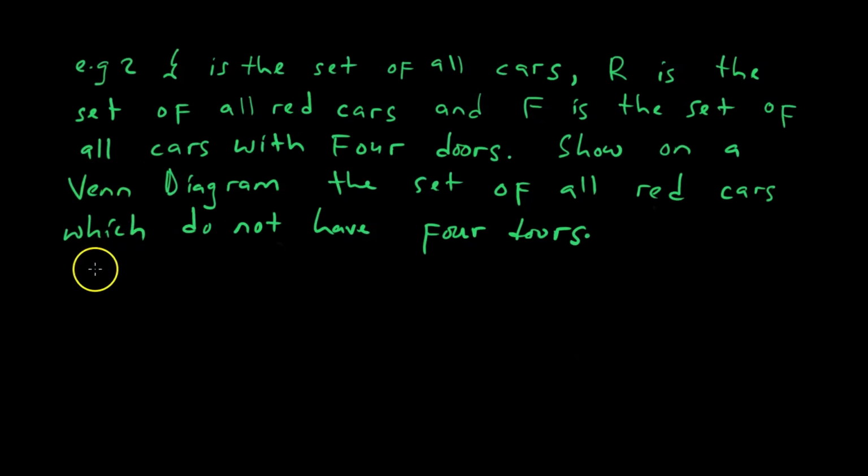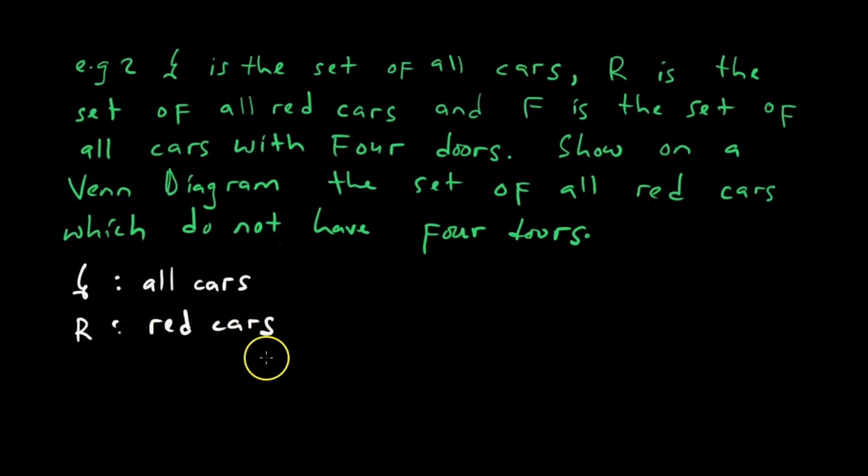Here we are told that the universal set is the set of what? All cars. Say a Lamborghini, Tesla, Mazda, Toyota, whatever. That's the universal set. Then we are told R is the set of all red cars. So R is red cars.